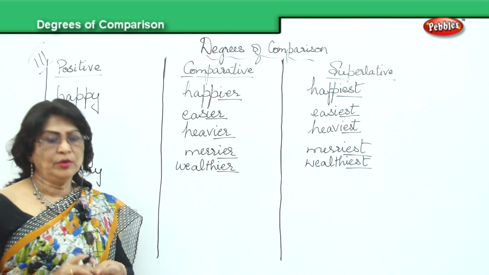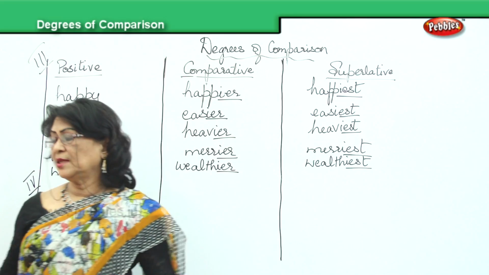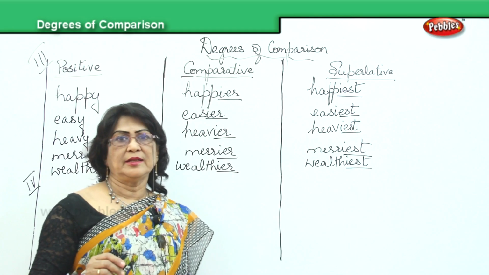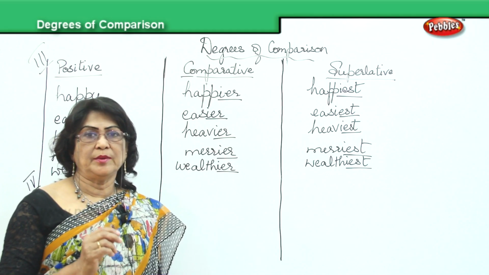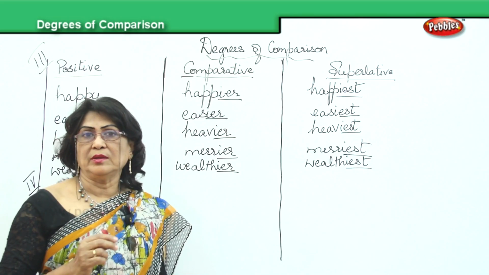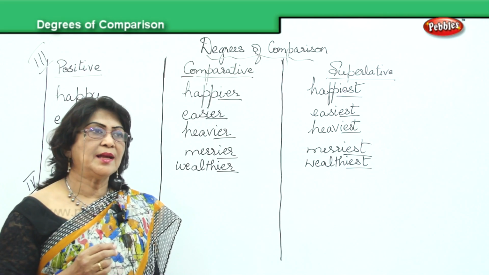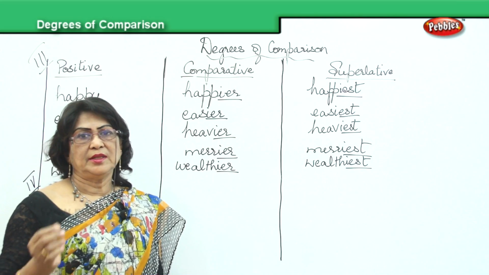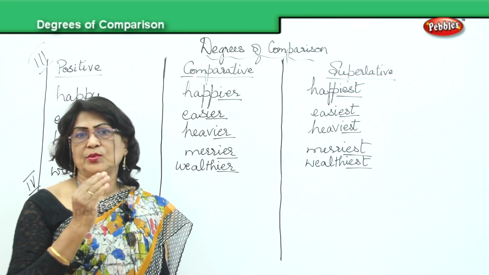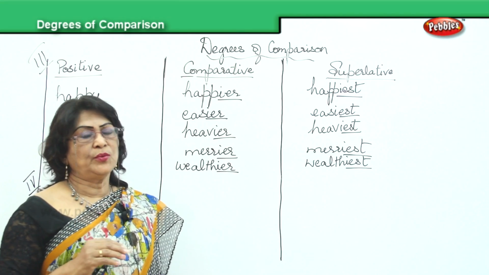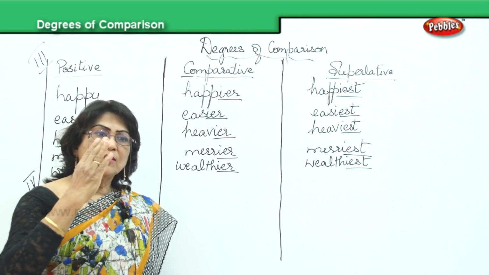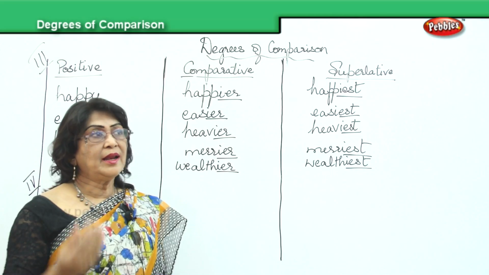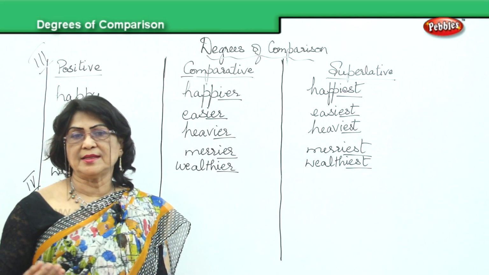Rule number 4 is when a single syllabled word or so ends in a consonant with a weak vowel, okay, with a weak vowel. For example, red, R-E-D, red. Here the vowel before the consonant is a very weak form of a vowel, and so the consonant ending will take another consonant and then add ER or EST.